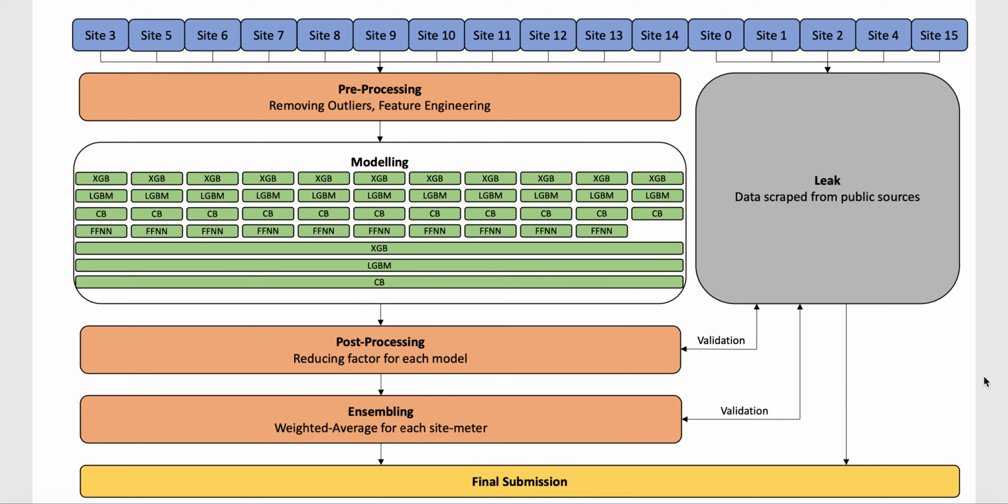So our solution involved four major components. The first is the pre-processing. This involved two key aspects, one being the removal of outliers, and this is one of the highlights of our solution. The dataset had a lot of meter readings where the value was 0.